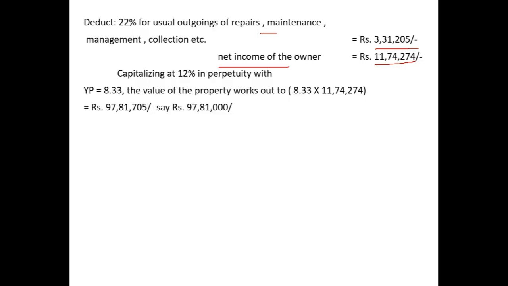The capitalization rate is 12%, so you capitalize this in perpetuity. The YP perpetual is 100 upon 12, so it is 8.33 multiplied by the net income. The value of the hotel is 97,81,000 approximately.